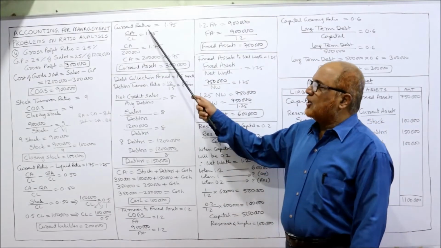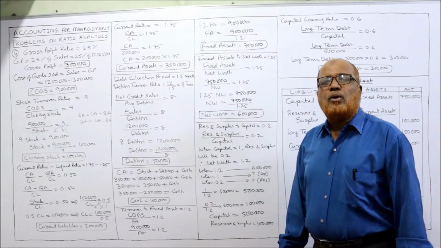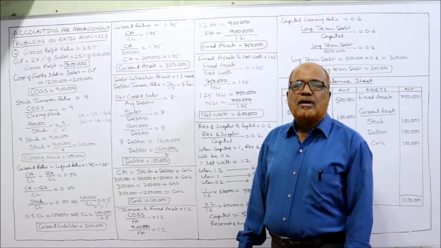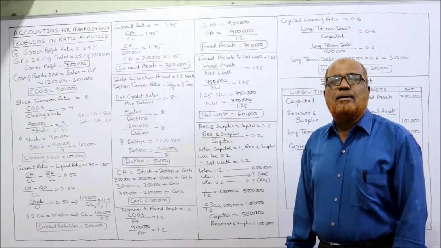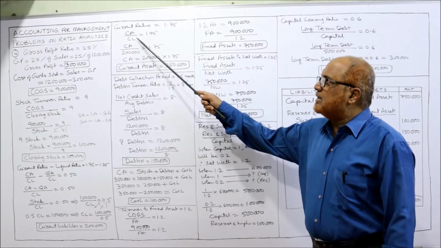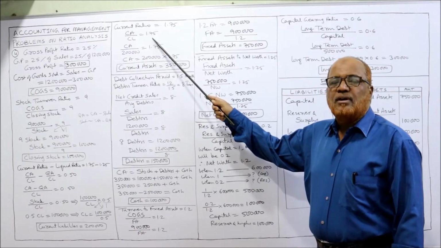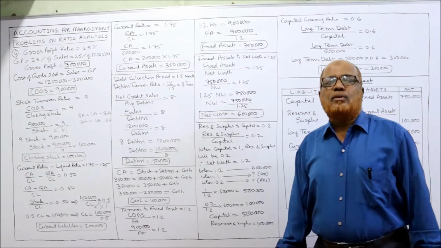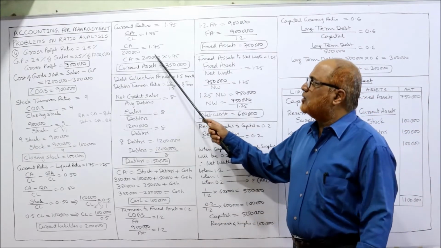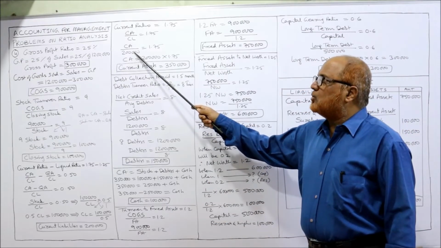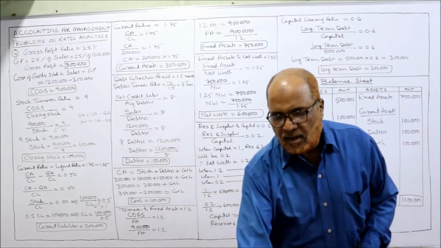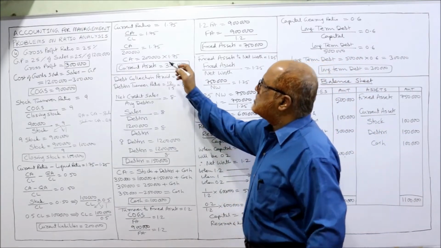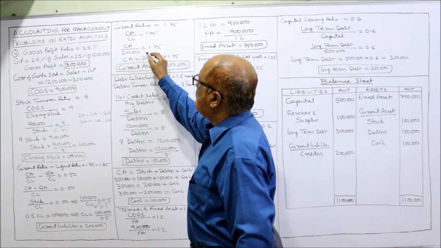Now, current ratio. The current ratio is 1.75, given in the problem. The formula for current ratio is CA by CL. So CA by CL is equal to 1.75. CL already we know, current liability we got 2 lakh. So in place of CL I am writing 2 lakh. So CA by 2 lakh is equal to 1.75. Again I am making a cross multiplication.